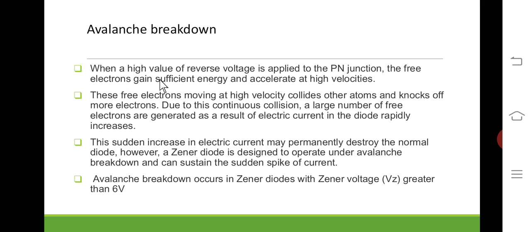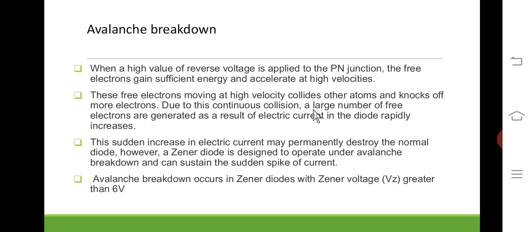When a high value of reverse voltage is applied to the PN junction, the free electrons gain sufficient energy and accelerate at high velocities. Already we know that a high reverse voltage is applied to the junction; then only are we able to get the avalanche and the Zener breakdown.